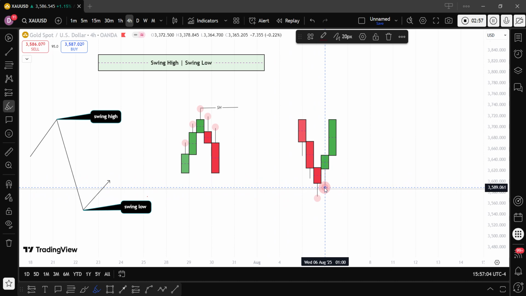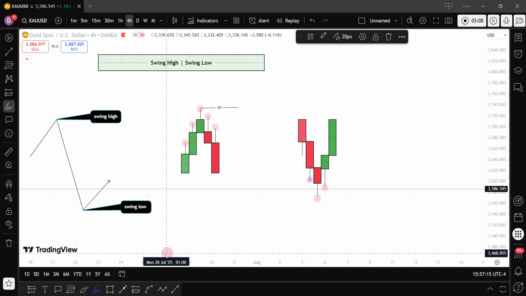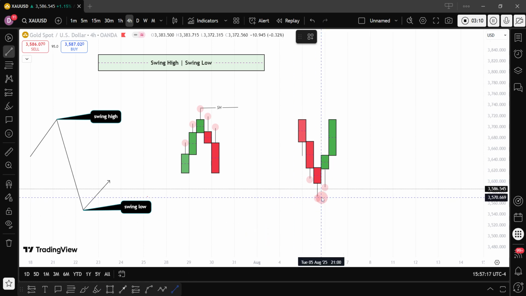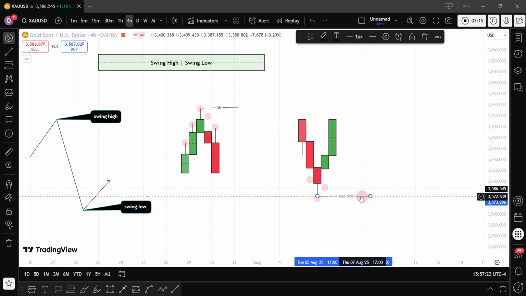There is a higher low and there is a higher low on both sides. Let me mark this for you. This becomes our swing low.